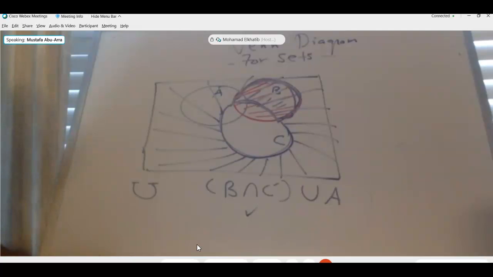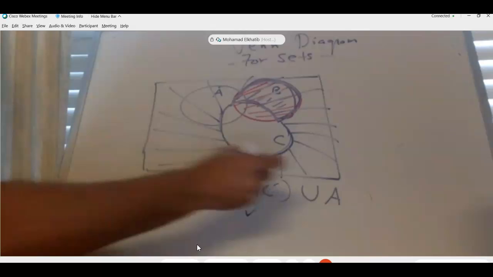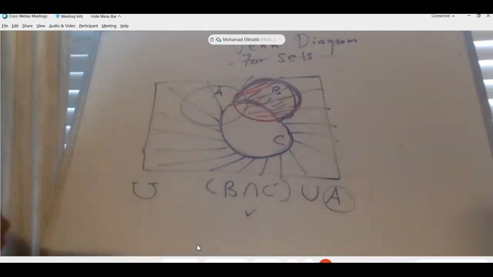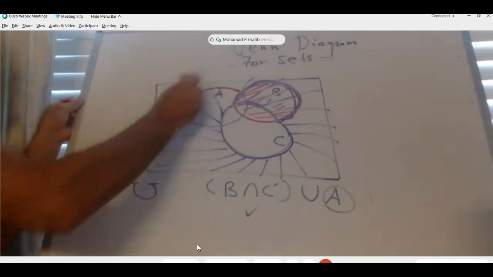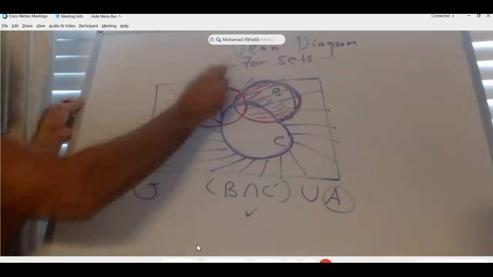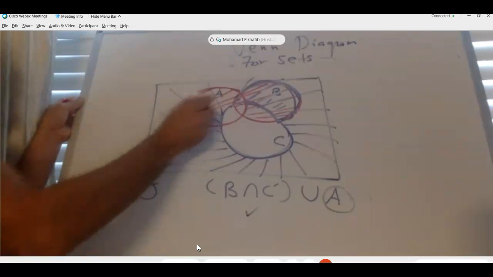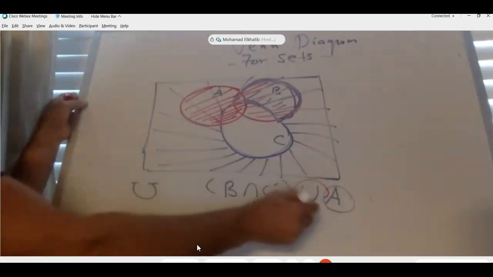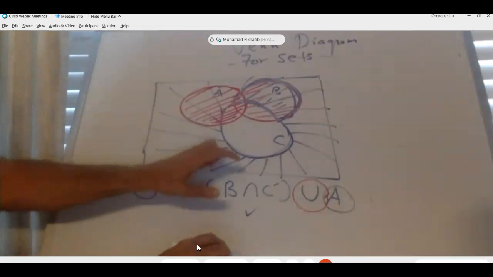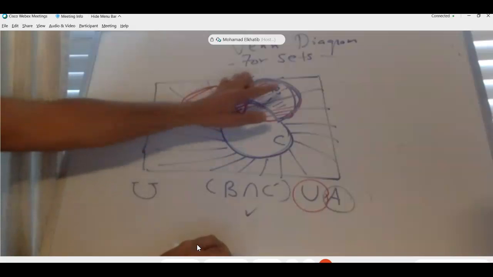Yes. Very good. Now I need to do A. What is A? Let me put it in red. A is this set right here. What's the symbol between them? Union. Union means I gotta put the last two answers together.